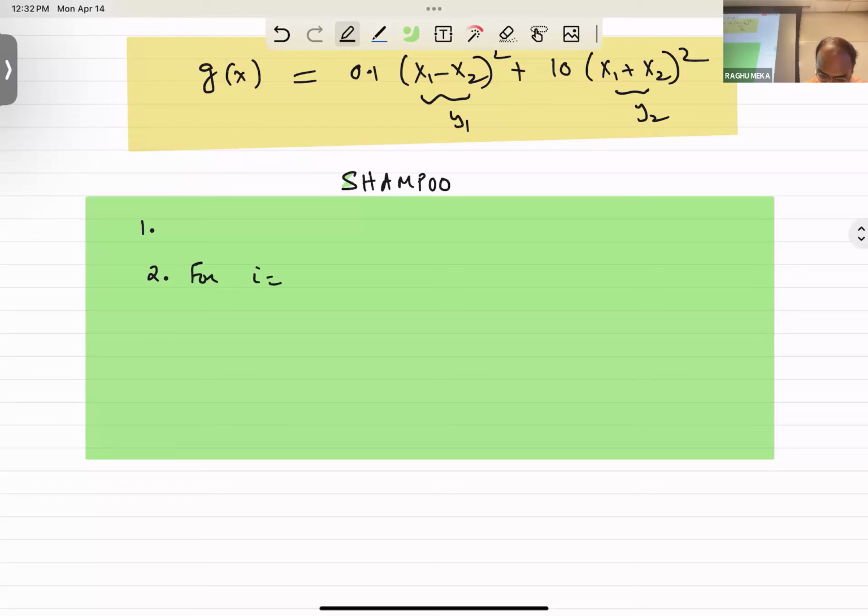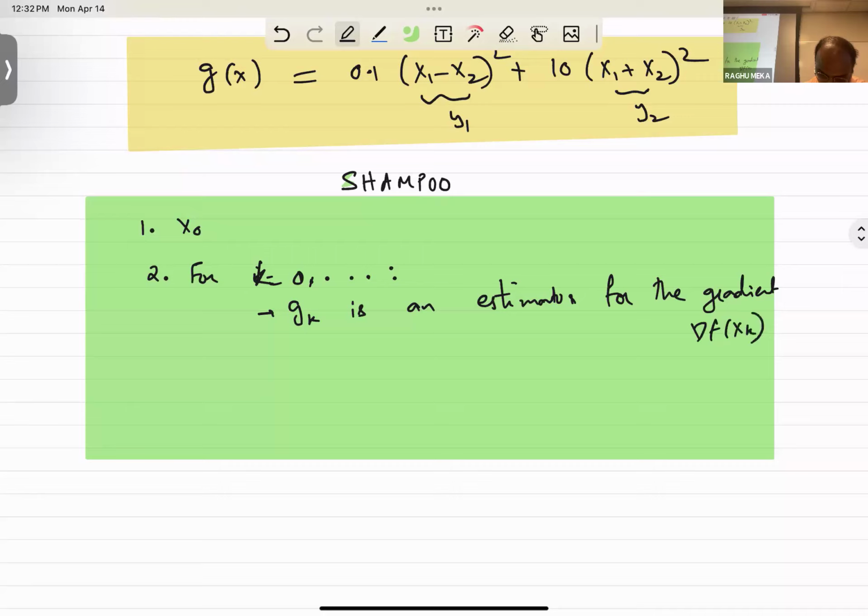So you have x0, and then for k equals 0 onwards, you do the same thing. g_k is an estimator for the gradient of f at x_k. And this is called preconditioning. Preconditioning means I'm scaling or rotating my gradient in some way.